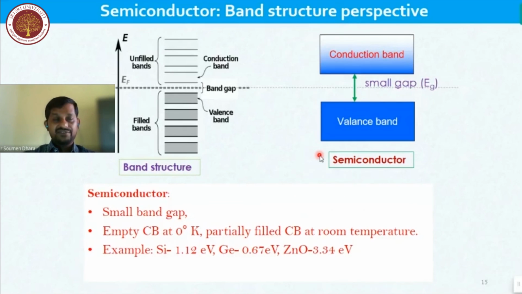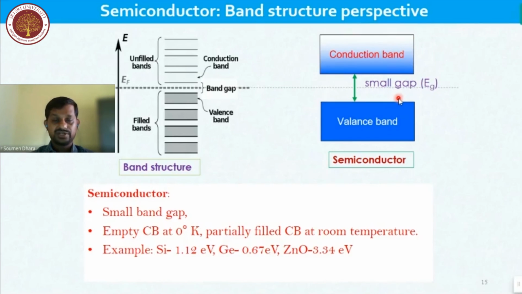And now we have a scenario where the valence band and the conduction band are separated, but the separation is not too small or too high. There is no overlapping, but the gap is also not very large. That gap exists in the range of 0.2 electron volt to 4 electron volt.